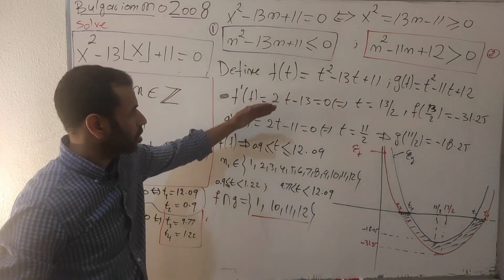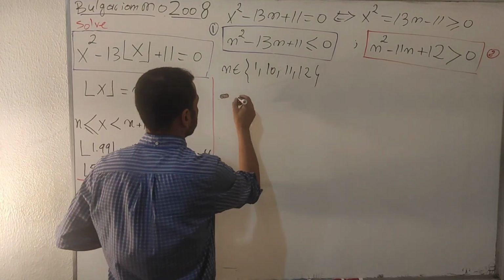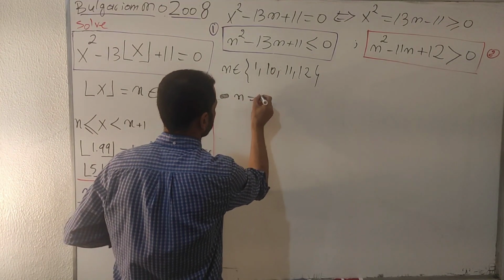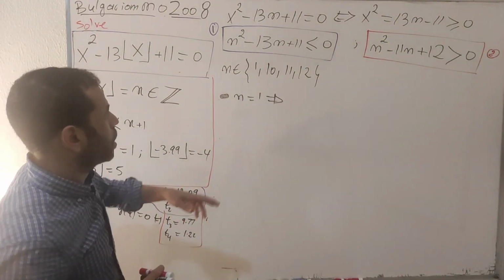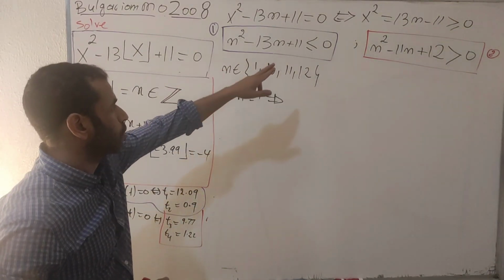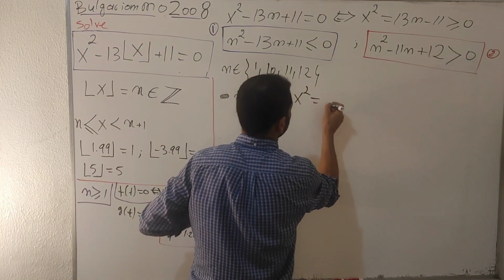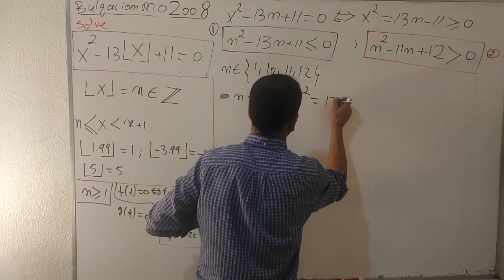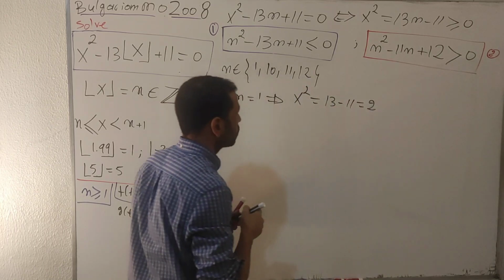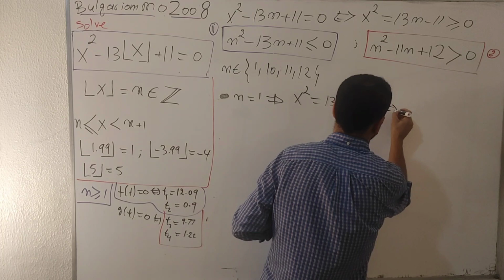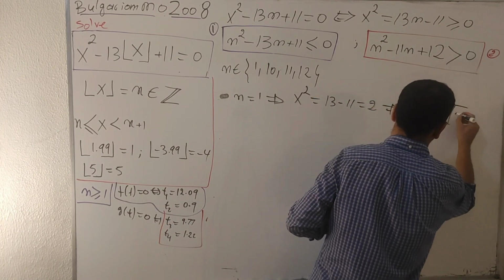Now let's take this one at the top and find x. For the first solution, we have n equals 1. Now I'm simply going to replace n with number 1 to find x. We get x squared equals 13 minus 11, which is 2. But there are 2 solutions here: x equals plus or minus square root of 2.